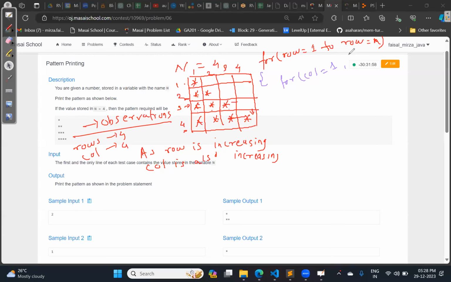What will be the condition? Your column value should be less than or equals to your row value. Then you can do column plus plus. If you understood this, there is nothing inside this problem. Just you need to print a star, and space is not required, right? And after that, just give the line break.